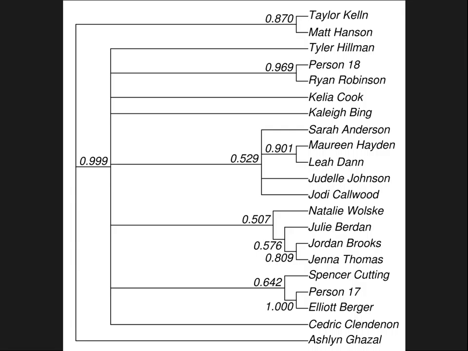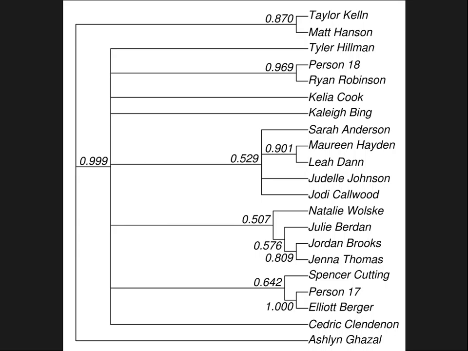However, there's a couple good branches. Like Mo and Leah, you guys come out really strong, very good. And Ryan Robinson, not here. Who's person 18? Someone who didn't fill it out. Okay. I can probably narrow it down. There's only 2 people that didn't fill in one, so I could probably figure that out.